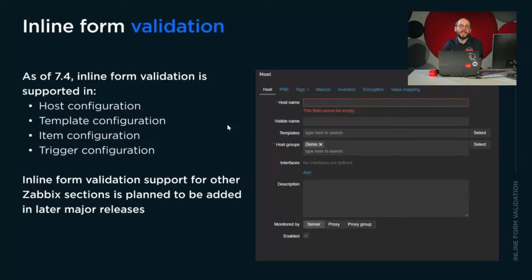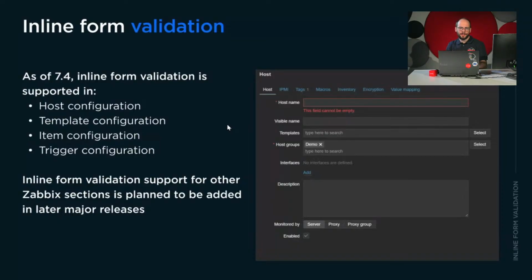This means that in these forms, whenever you start writing your host name or item key or trigger expression, if you make a mistake there or forget to enter something, like I did over here in the screenshot for my host name, Zabbix will display the error message live. You don't have to click apply or update or create.